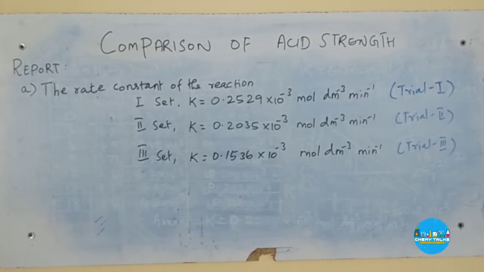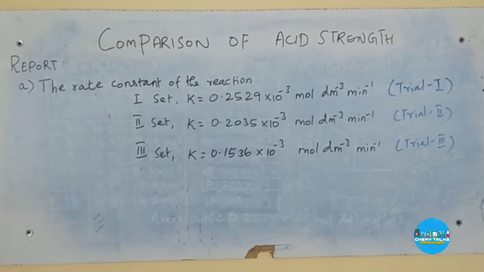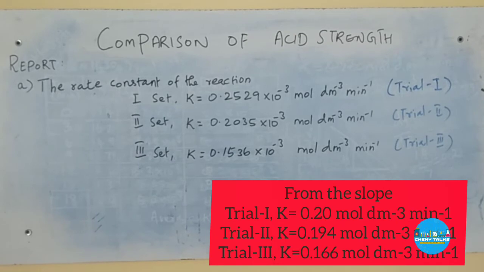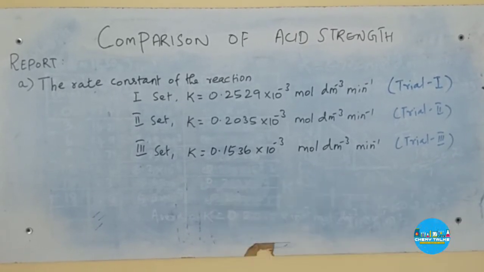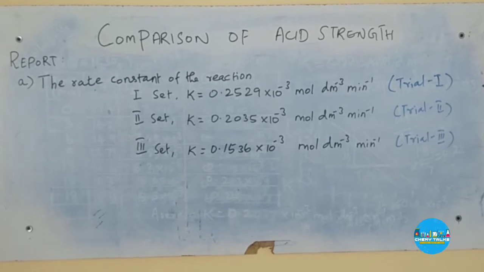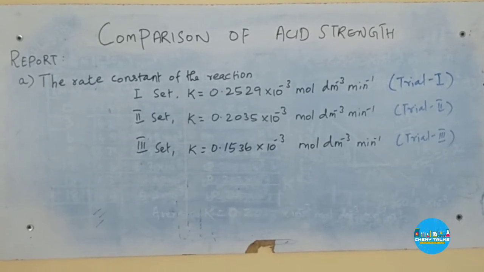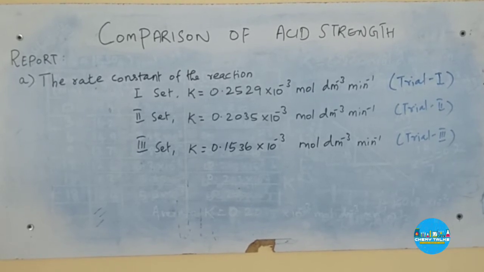The catalyst employed in the second trial, that is 0.15, is mentioned in the second set, and the acid catalyst of concentration 0.2 used in the reaction, for that reaction the rate constant is given in the third set.